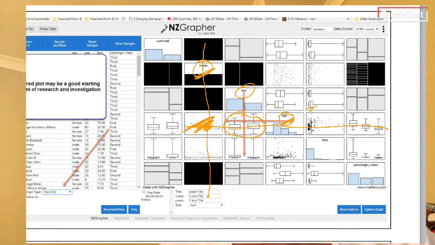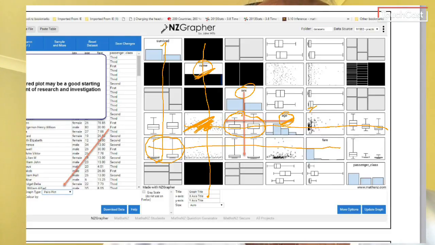So let's look at another one. Well, let's look at this one, whether a person survived or not, and then the fare structure. So this might be interesting.